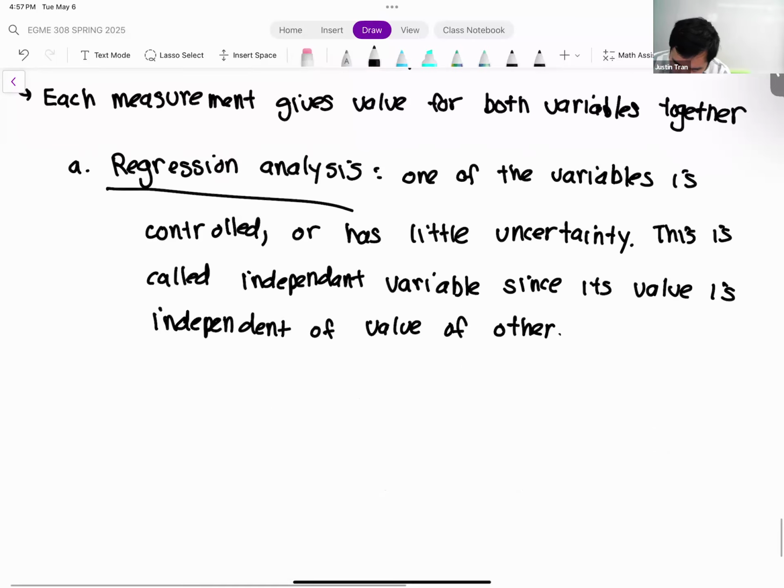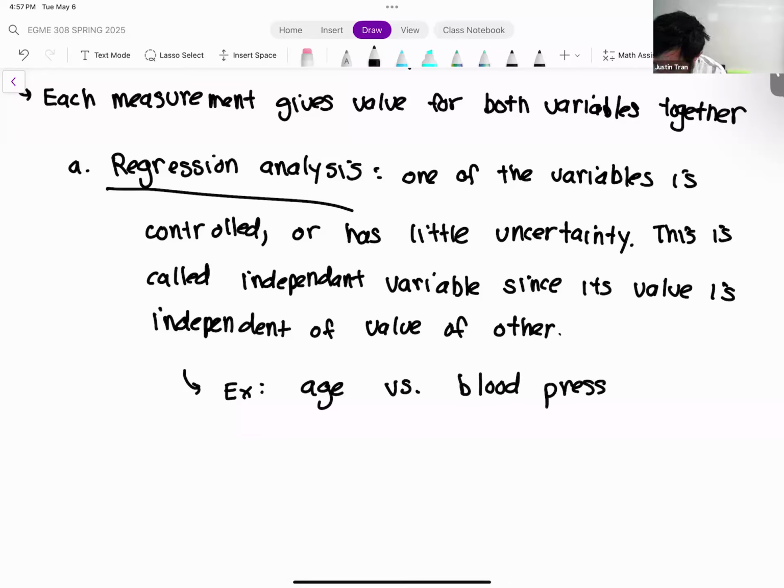Okay, so a good example of this that I've seen a lot of data for is the relationship between age and blood pressure. All right, so there's a lot of theory in the medical field where blood pressure has some correlation with age.